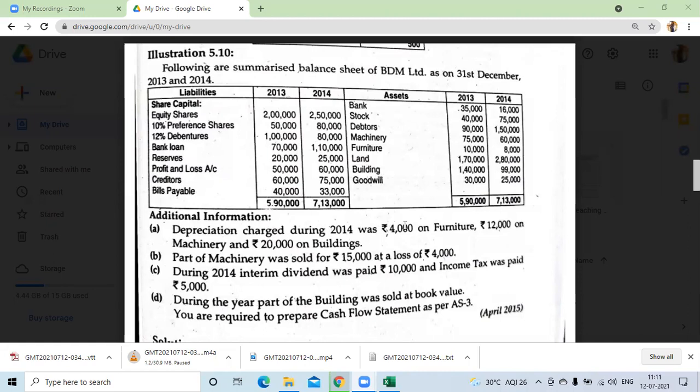Write down by depreciation. How much is the depreciation on furniture? 4,000. Do you have any other adjustment other than this depreciation? No, ma'am. Close it.